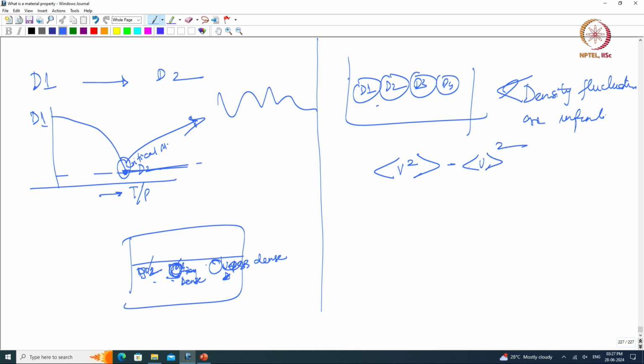So, this quantity, average volume square minus the square of the average, of every individual unit, right. I can divide this into so many microscopic units, and this goes to infinity, okay. And this is related to again a property, and that property is what is called isothermal compressibility.